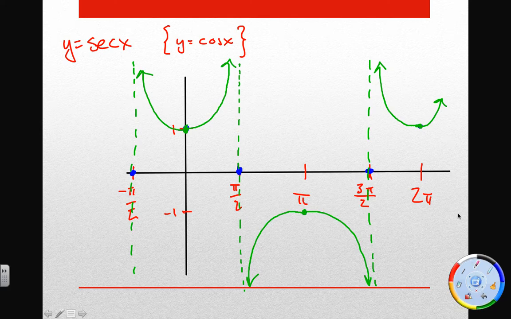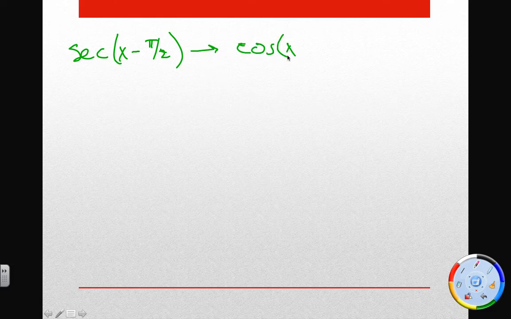All right, so if you wanted to do something like secant of x minus pi halves, I would think cosine of x minus pi halves and graph that.